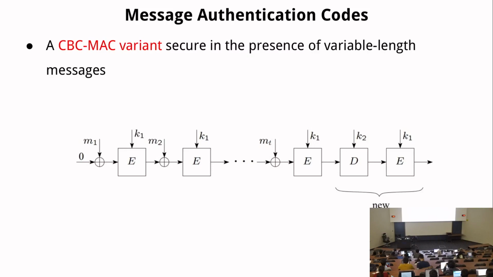You can see the message, no matter how many blocks there are, eventually the output is only one block. It's fixed size. No matter how long your input is, the output is just one block. Then at the end, we use a different key to decrypt that message, then use key one to encrypt that message again. So this is a standard CBC MAC structure.